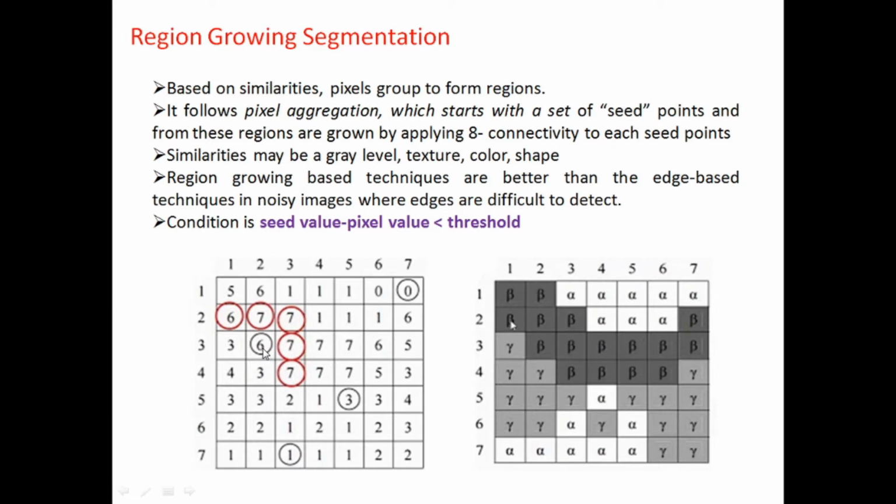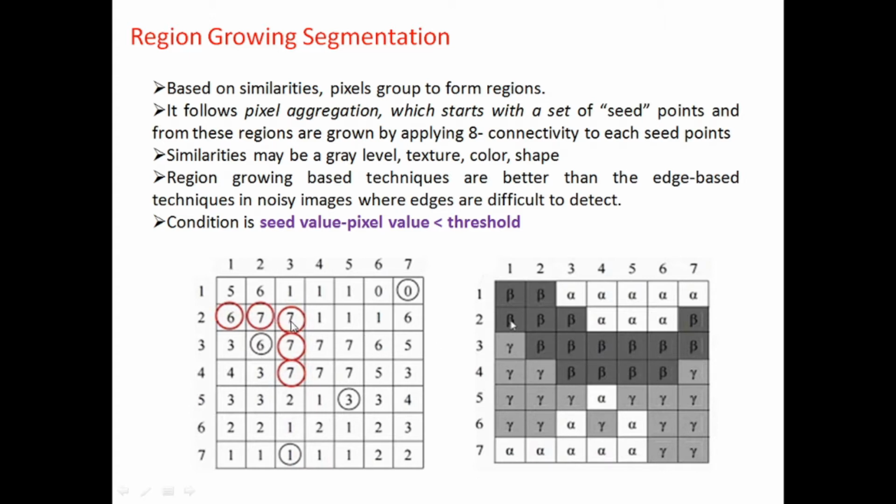That is, if 6 minus 7 is less than the threshold, let me go with a threshold value of 2 here. So 6 minus 7, which is less than 2, means these two pixels are ready to form a region.